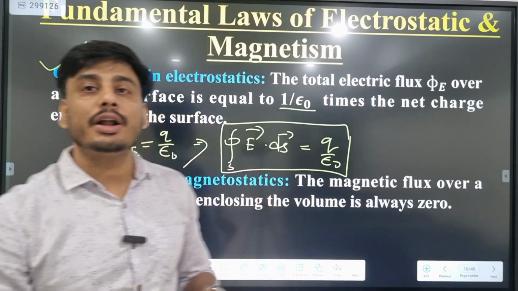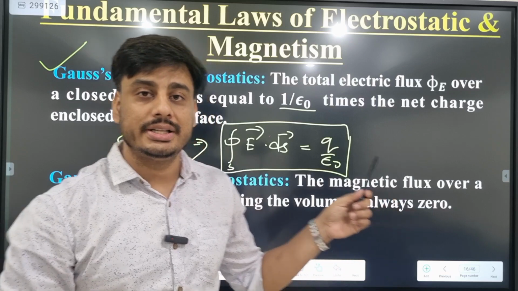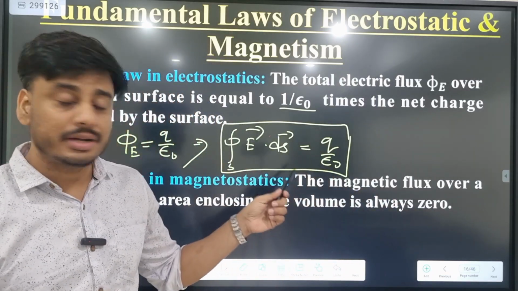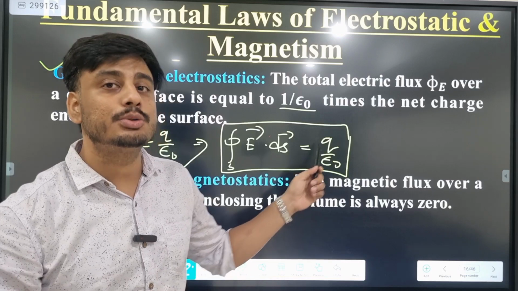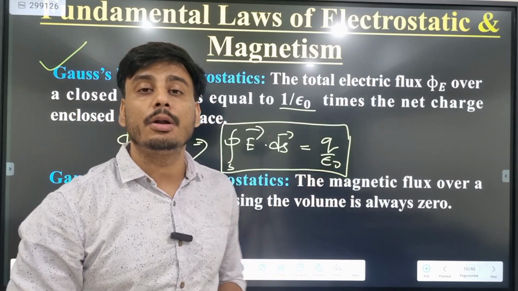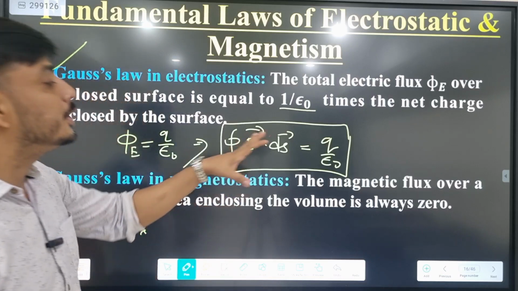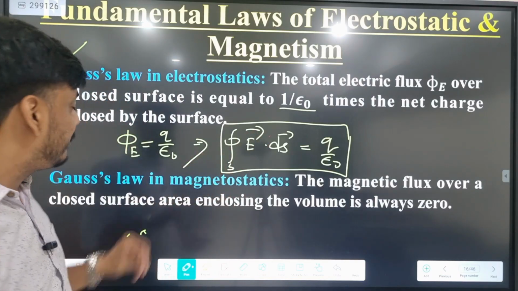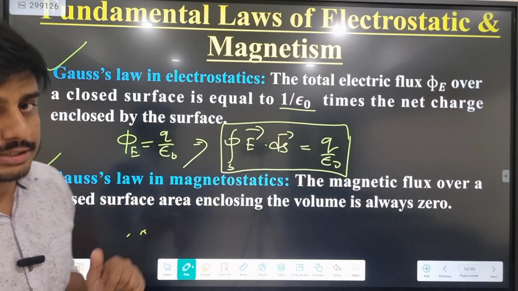Since we are calculating the electric flux, it is the dot product of electric field and area, E dot ds, which is equal to 1 by epsilon naught times the total charge enclosed by it, which is Q by epsilon naught. Clear about the first?